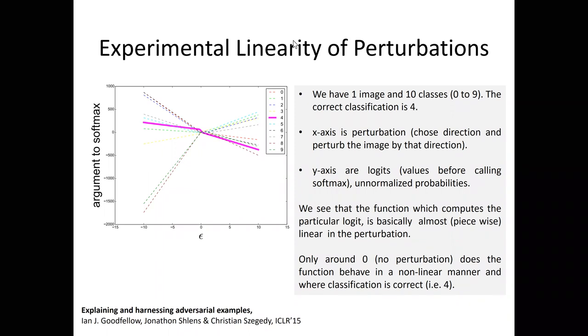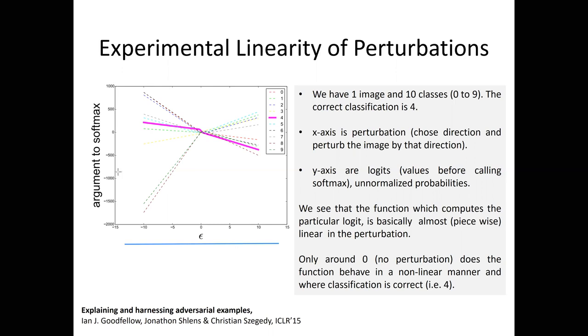On the x-axis, we have some perturbation, so we're going to be exploring perturbations of a given image. We are given an image with the digit 4, and the correct label for that image is 4. On the x-axis, we're going to be perturbing this image by some epsilon amount, like 0, 5, 10, 15, and so on.